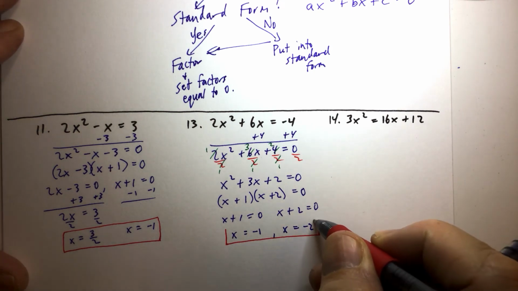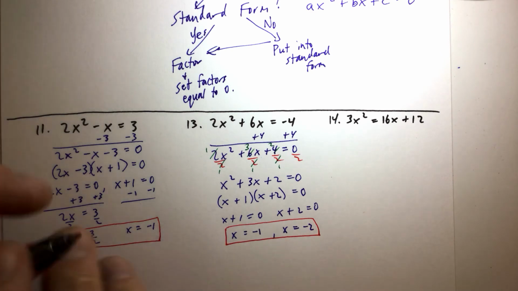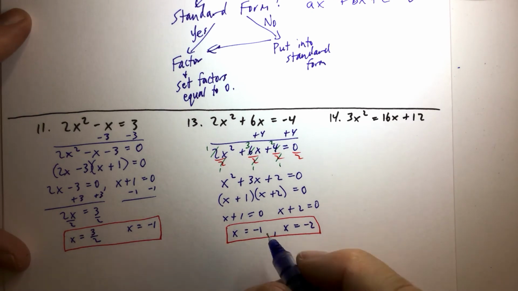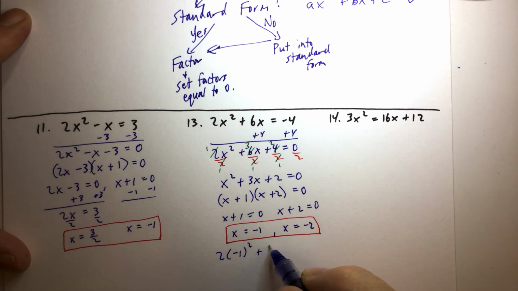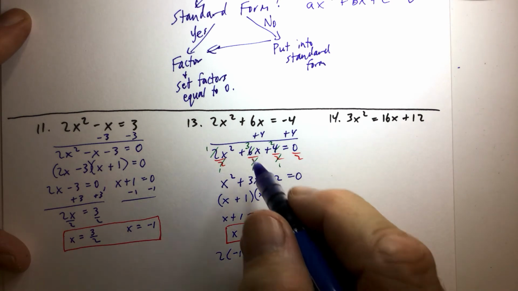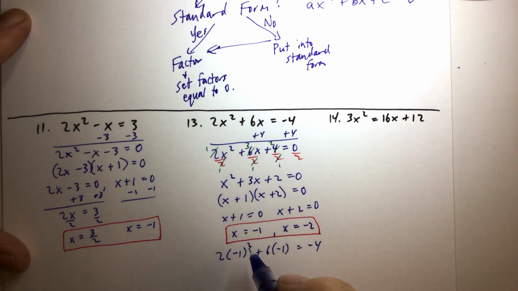I think it would be worthwhile to check, just to make sure, plugging negative 1 into the original equation, substituting in negative 1. We're just checking, just to show you what this all actually means. All we did was replace x in the original equation with one of the solutions, so it should make the equation true.